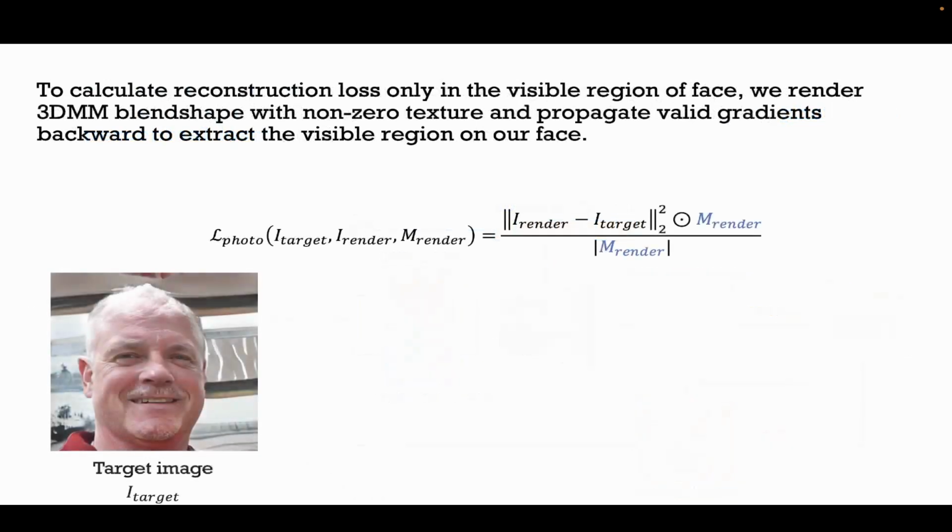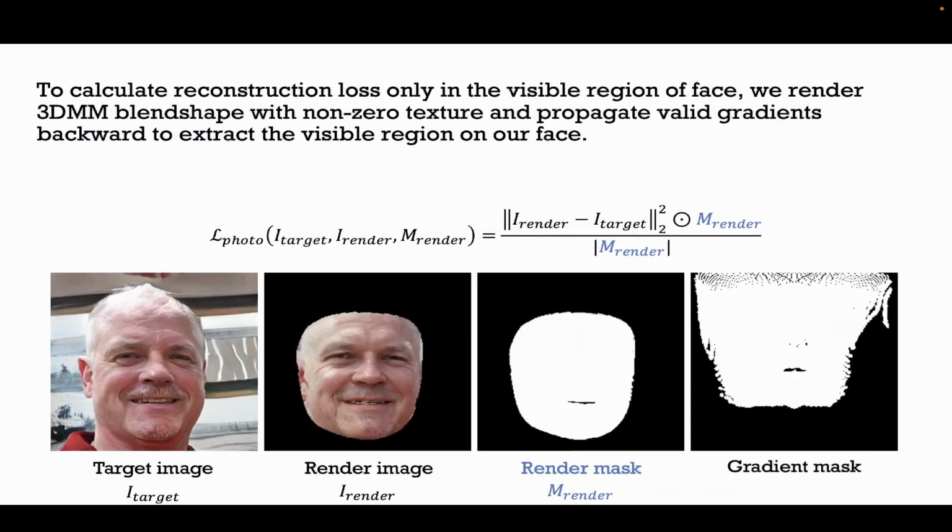To calculate the reconstruction loss only in the visible region of the face, we render the 3DMM blend shape with non-zero texture, and propagate valid gradients backward to extract the visible region on our face. By element-wise multiplying the difference of the rendered image and target image by the mask, we exclude the reconstruction loss calculation in the unrelated region of the image.